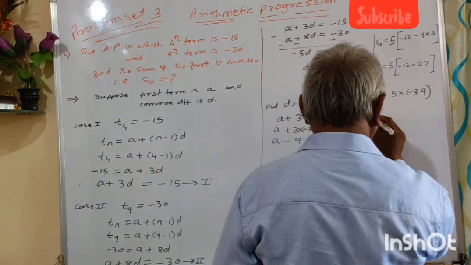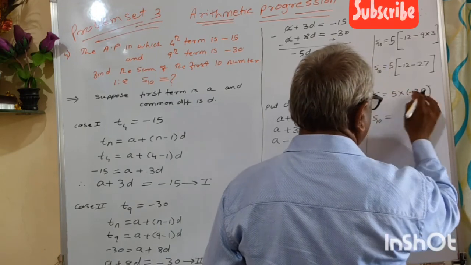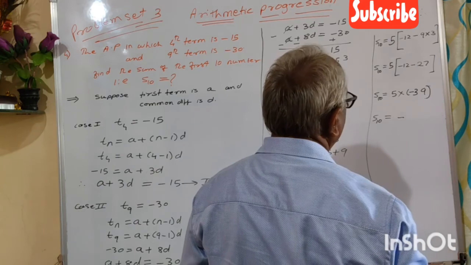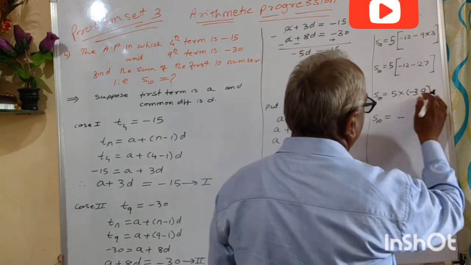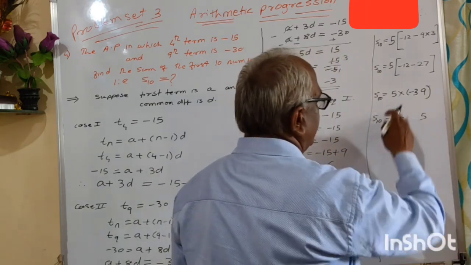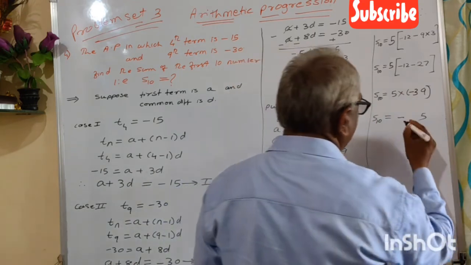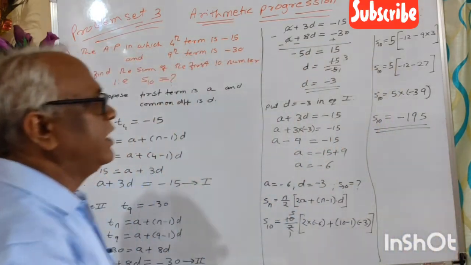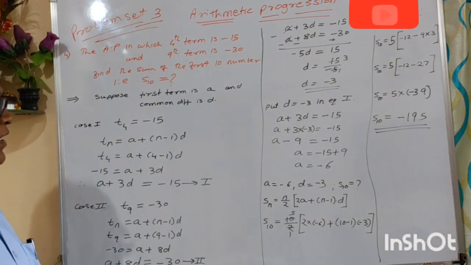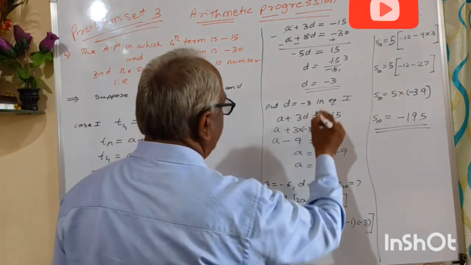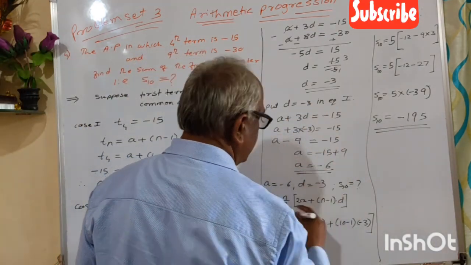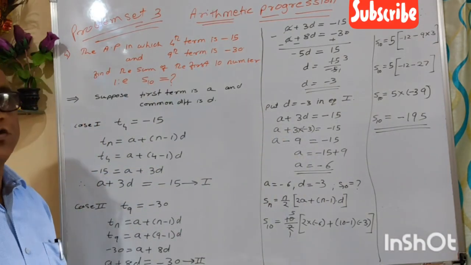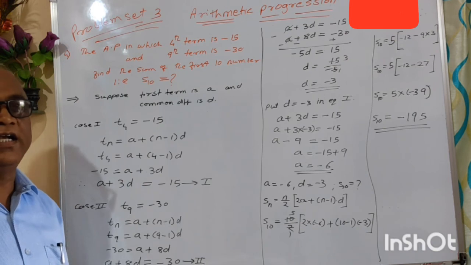So S10 is equal to, plus into minus, that is minus, you should multiply here 5 into 39. 5 9s are 45, 5 3s are 15, 16, 17, 18, 19, 195. S10 is equal to minus 195. And the d value, a value, and S10, whatever we wanted to find, we have got it. So you can remove the screenshot and write in your notebook.